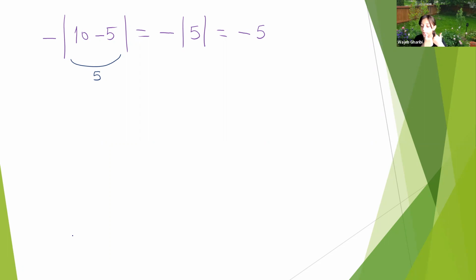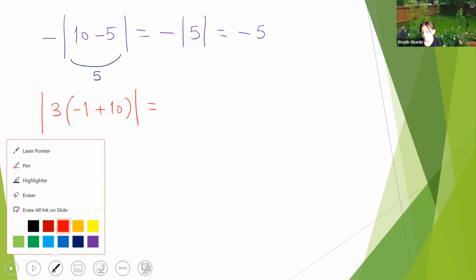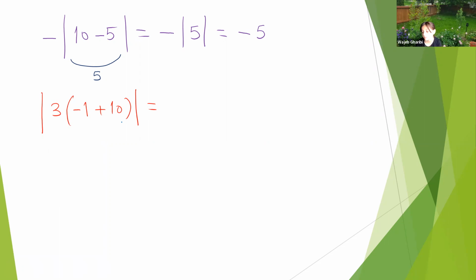Let us have one more example. What is the absolute value of 3 multiplied by negative 1 plus 10? First we have to perform the operation inside. What is negative 1 plus 10? It is positive 9.